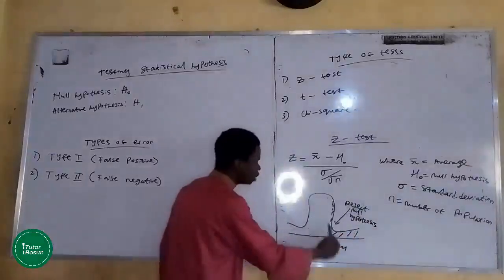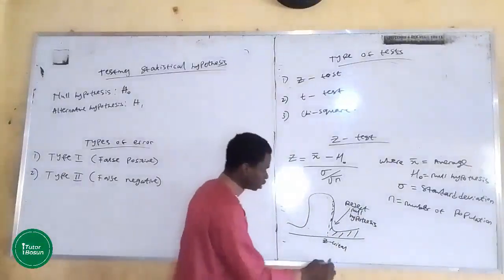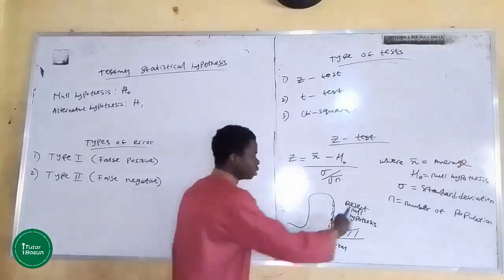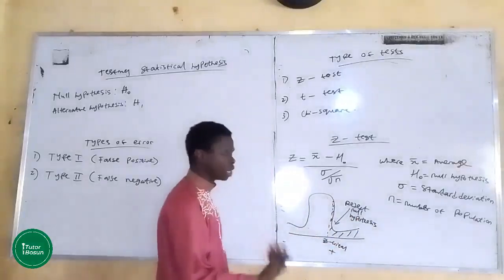But if it doesn't fall within this region, that is, if it is less than the critical value, and this is positive, the way when the critical value is positive, if it doesn't fall within this region, then you accept it.